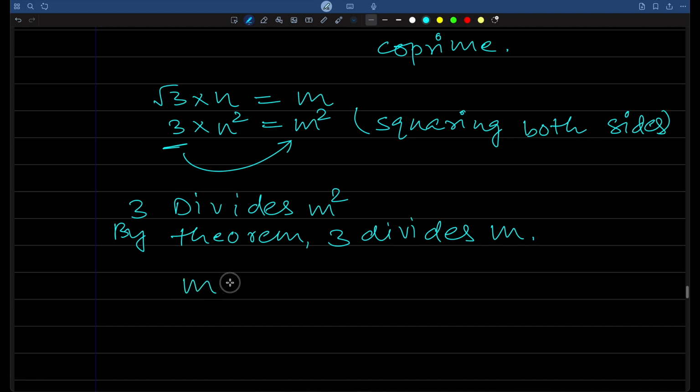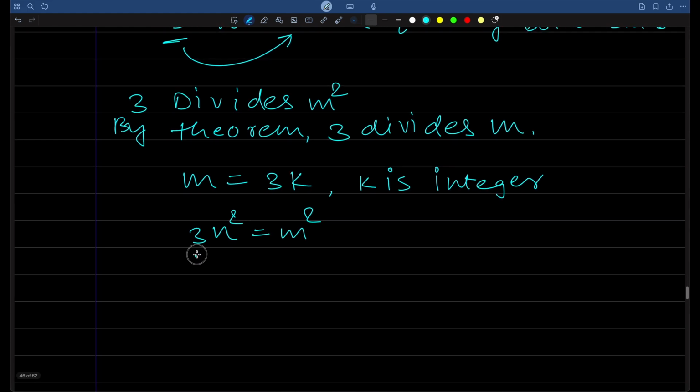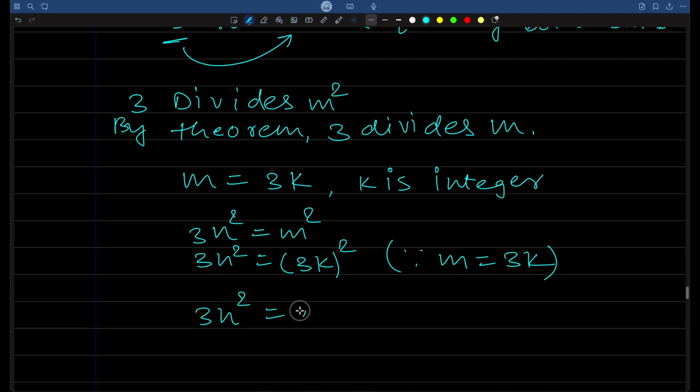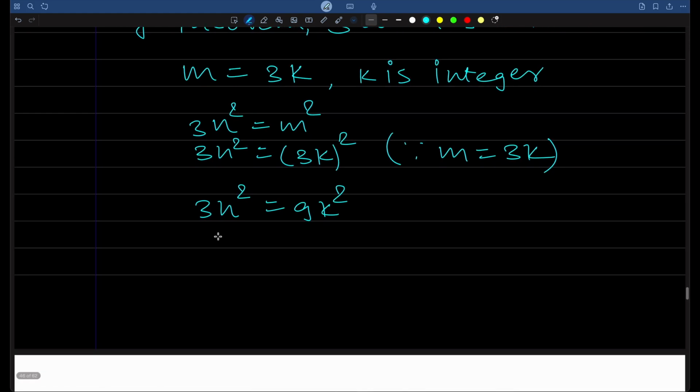So we can write m equals 3k, where k is any other integer. So I can put m equals 3k in this equation. Dividing both sides by 3, we get n square equals 3k square.